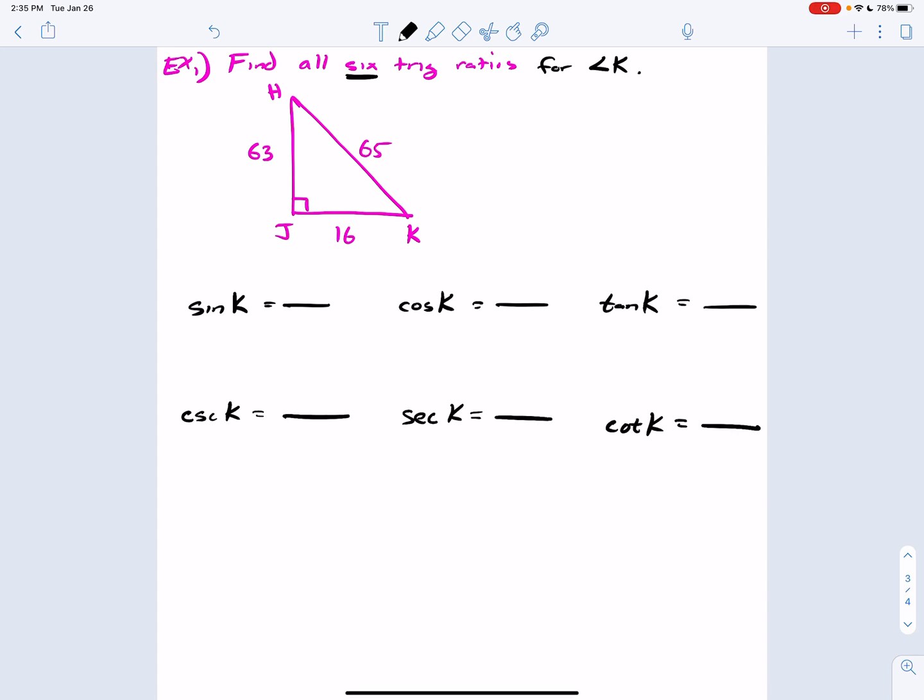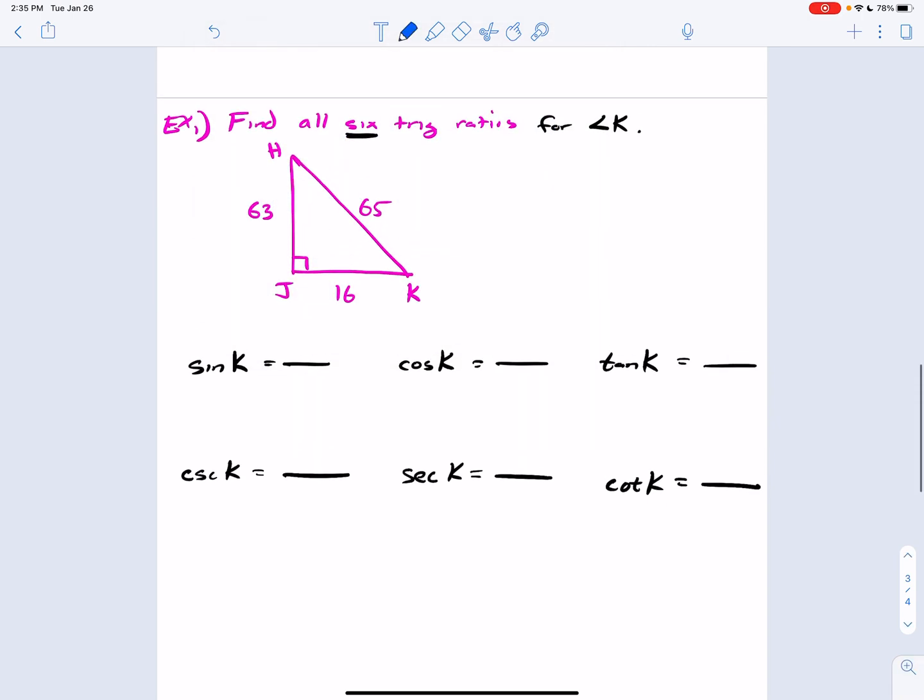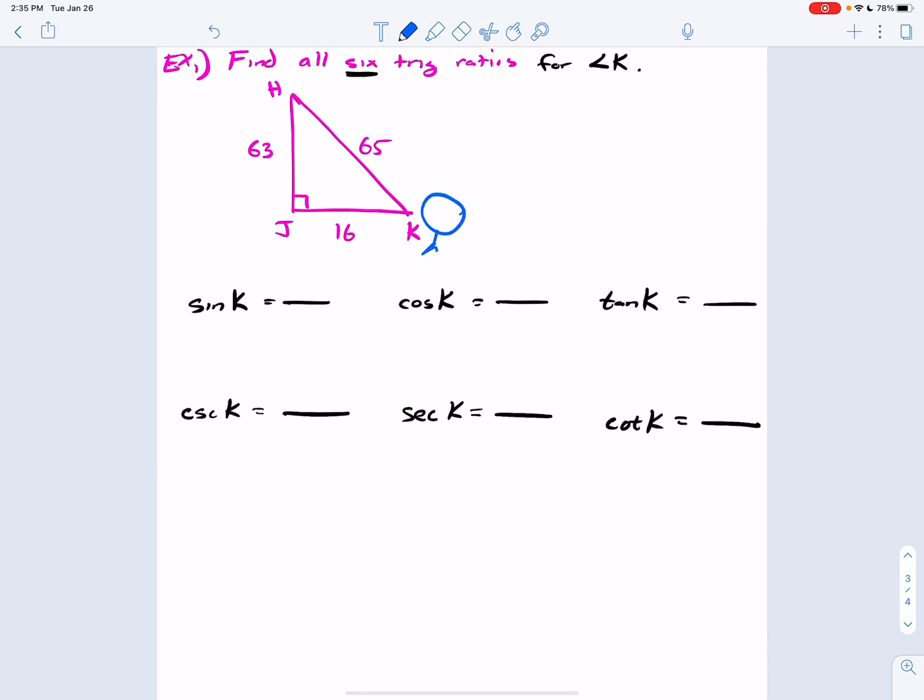The more and more you write it out, the easier it is to remember, right? Okay, so the same logic applies. If we want to find 6 trig ratios for angle K, we put our little person right here. Go ahead and tell me what you know about each side now, okay?